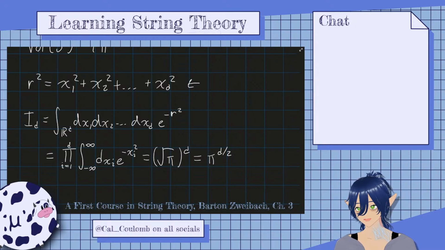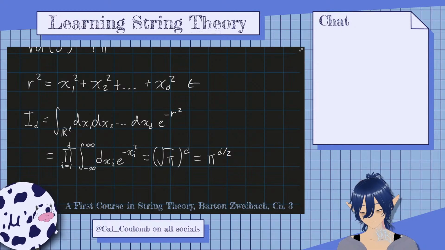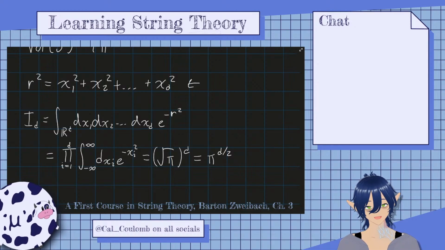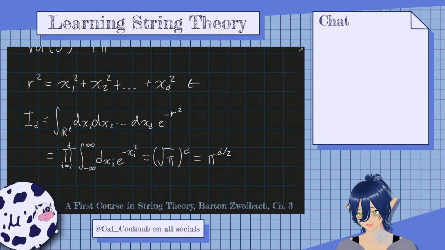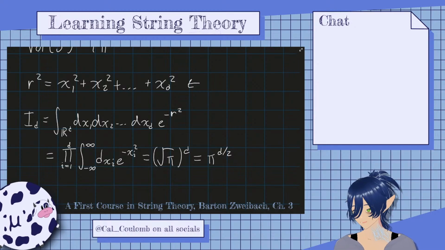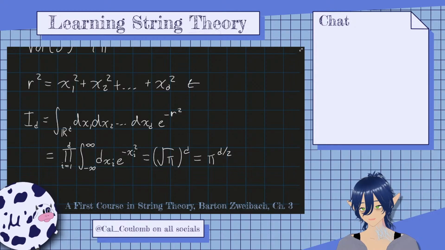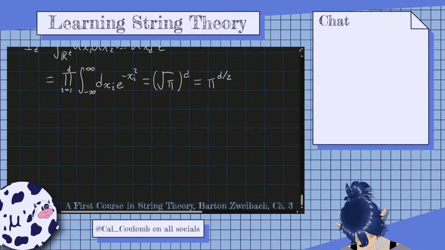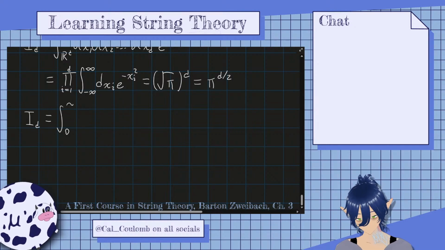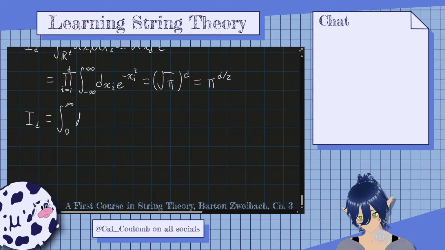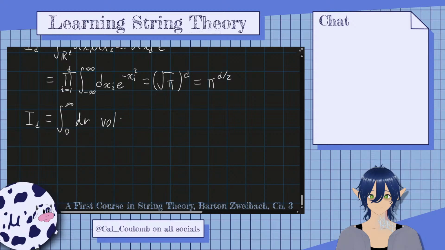Since the space of constant r is the sphere S^(d-1) of r, the volume of the shell lying between r and r plus dr equals the volume of the (d-1)-dimensional sphere of r times dr. So therefore, ID is equal to the integral from 0 to infinity of dr times the volume of S^(d-1) of r times e to the minus r squared.